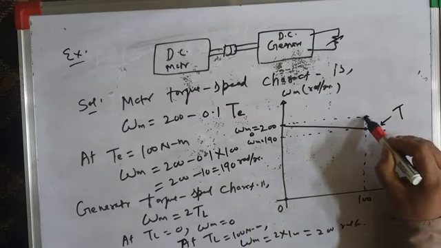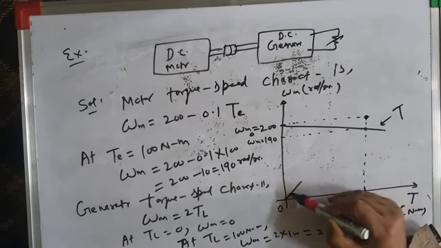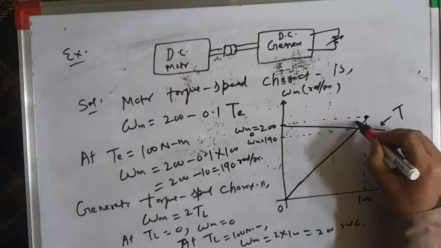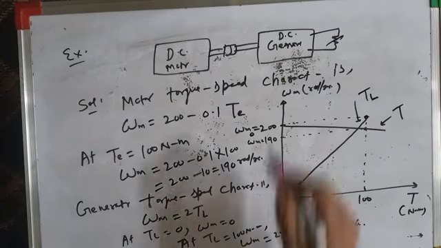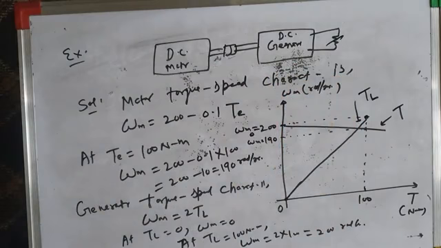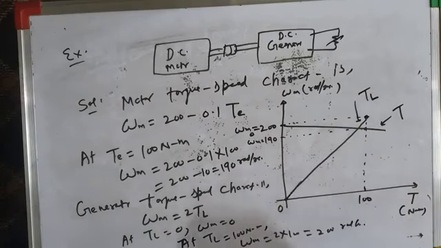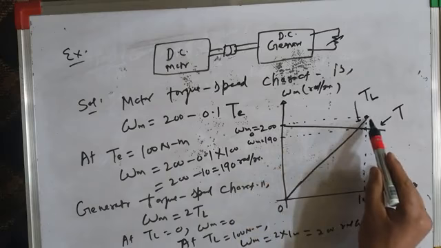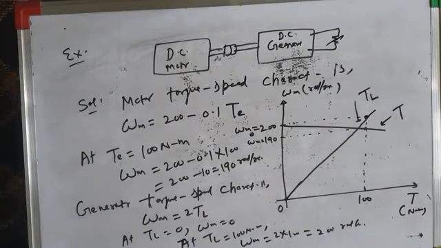This is the generator torque speed characteristic, and this is the load torque TL, because the generator acts as a load on the motor.